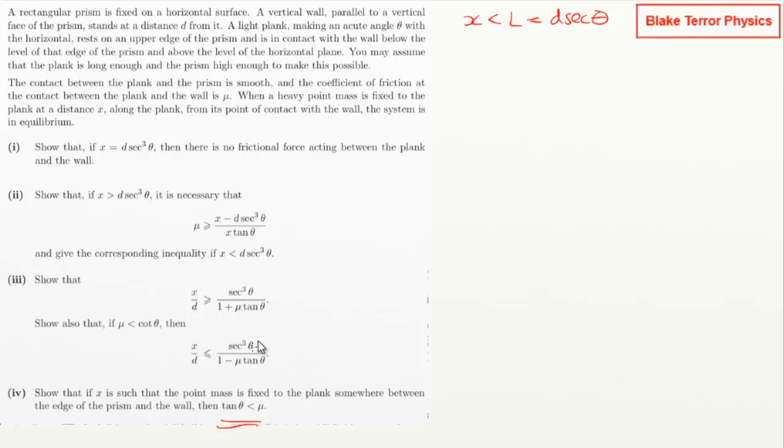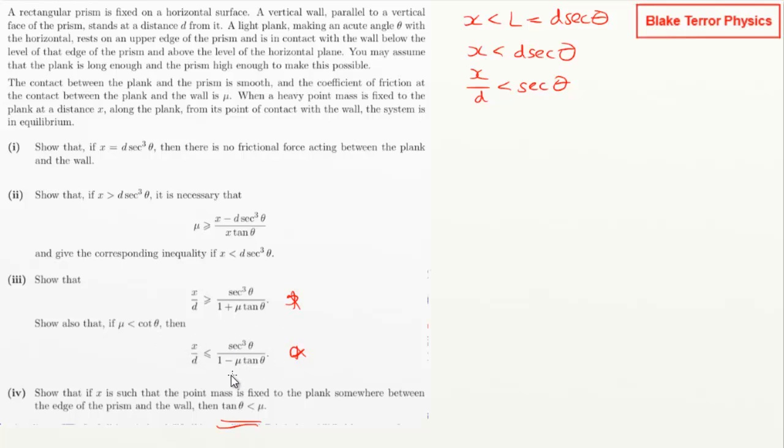Then we need to show that tan theta is less than mu. So I'm starting off from this point of x is less than d sec theta. So x over d is less than sec theta. And then I've got these two inequalities. So you're also telling me things about x over d. But the second one doesn't help as much because I'm saying that x over d is smaller than two things.